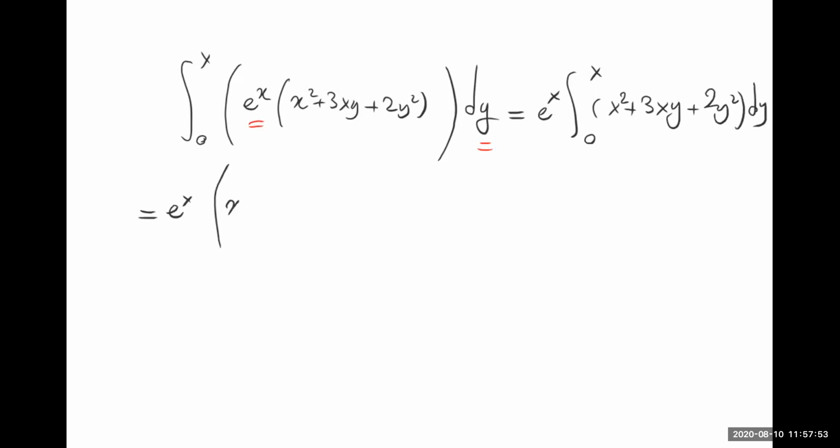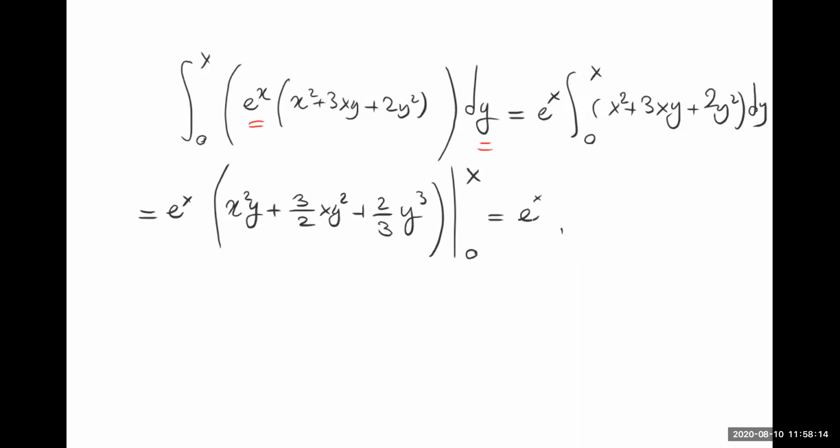The first one would be x squared y plus 3 over 2 xy squared plus 2 over 3 y cubed. y is supposed to change from x to 0. Well, I should just plug in y as x. What I would get here is e to the x, x cubed plus 3 over 2 x cubed plus 2 over 3 x cubed minus 0. If I let y be 0, everything would be 0.